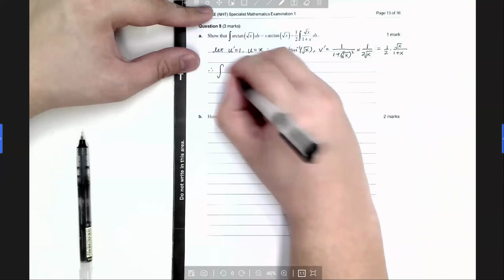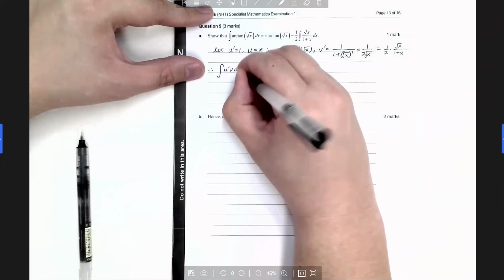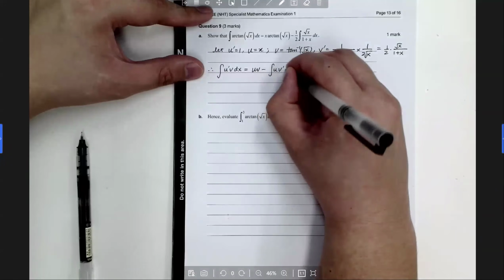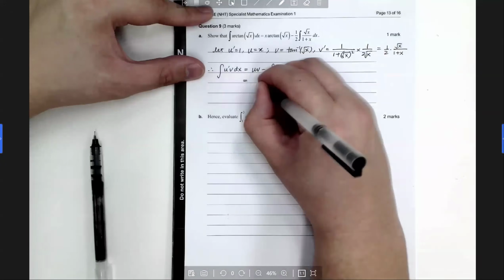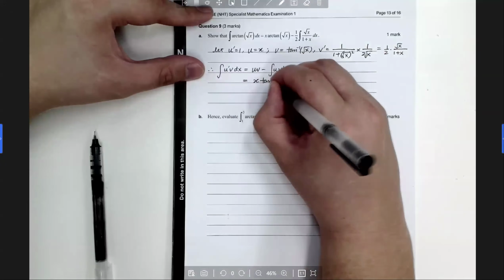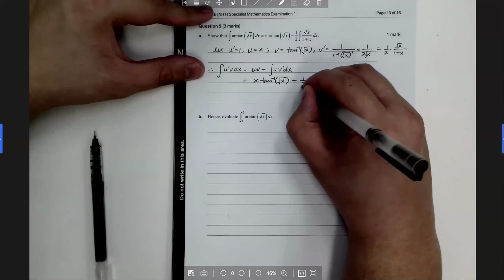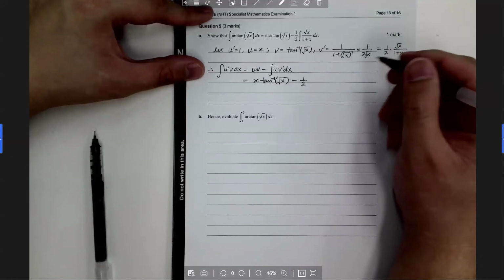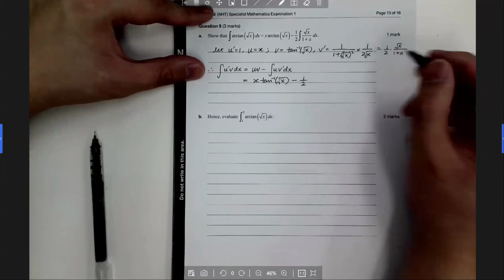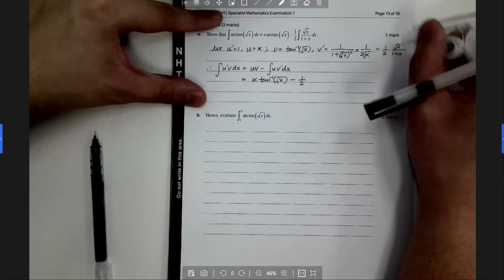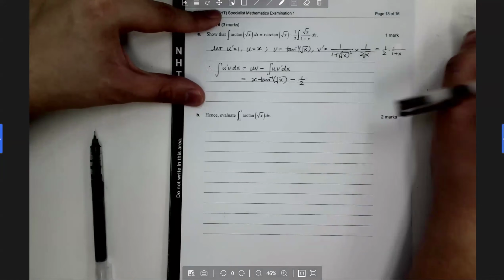Therefore, integrating u dash v dx equals uv minus integral of u v dash dx. And that is x tangent inverse of root x subtracting, let's say, a half times, actually, sorry, bear with me. This one is not yet root x.